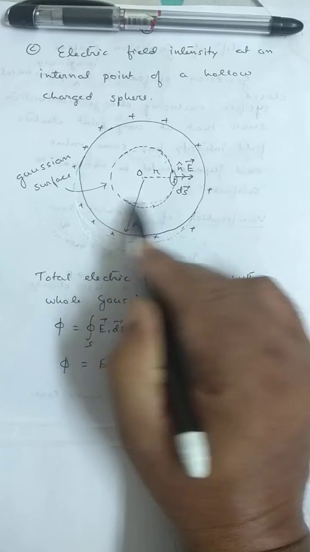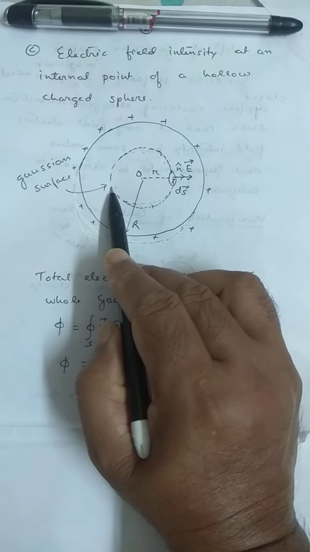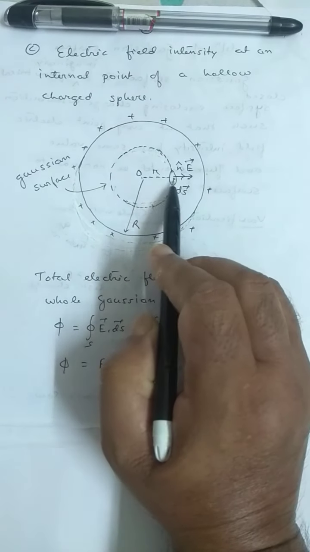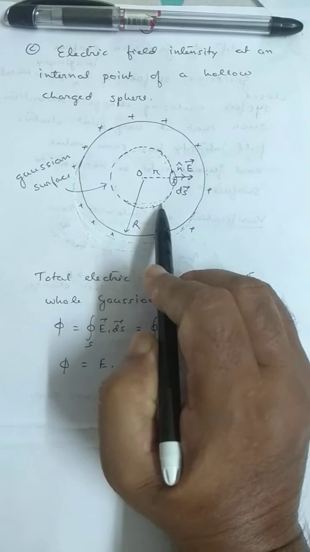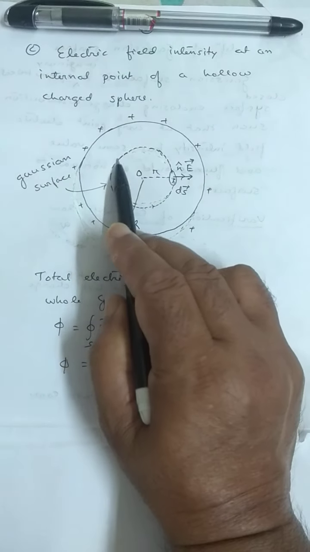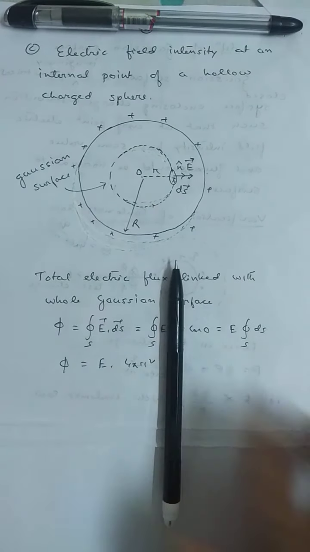This is the Gaussian surface. We consider a symmetrical Gaussian surface through this point, so that at each and every point on the surface, electric field intensity has the same value. What is a Gaussian surface?